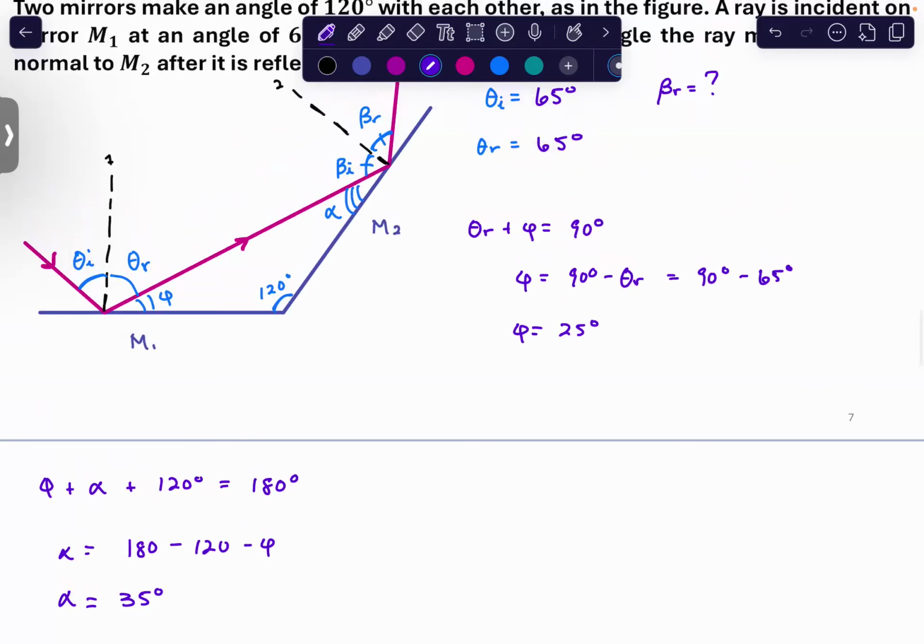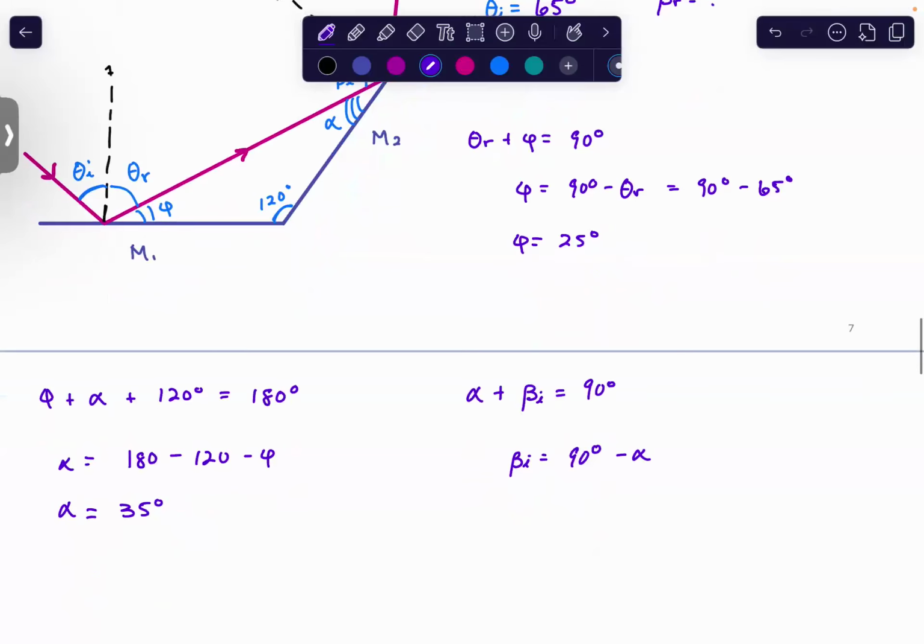Now, how do I find the new angle of incidence? Alpha plus beta incident is 90 degrees. And so that's 90 minus 35. 55 degrees.